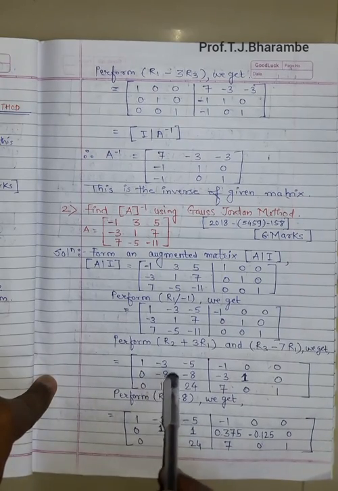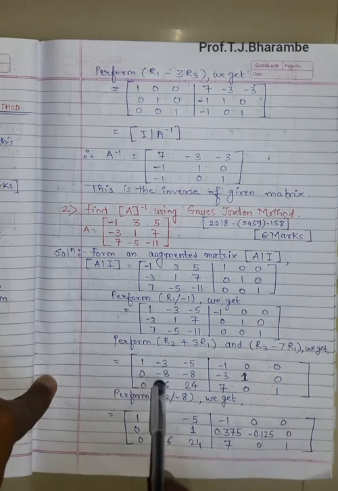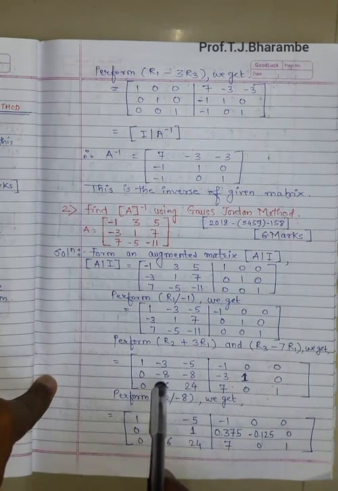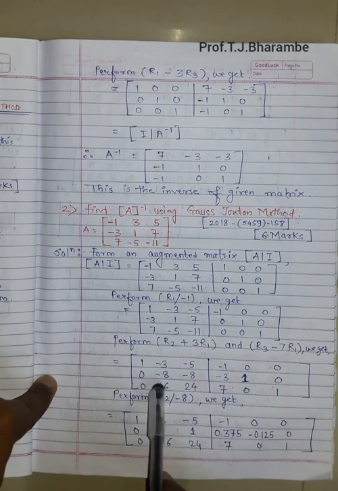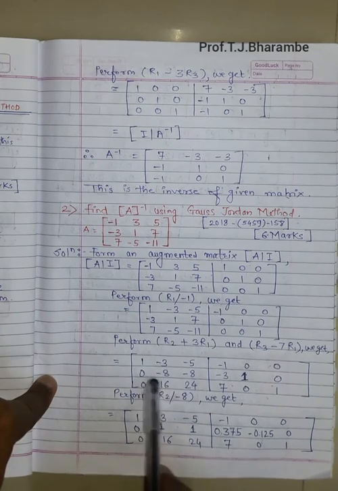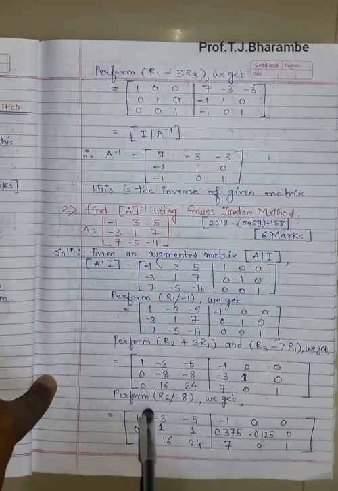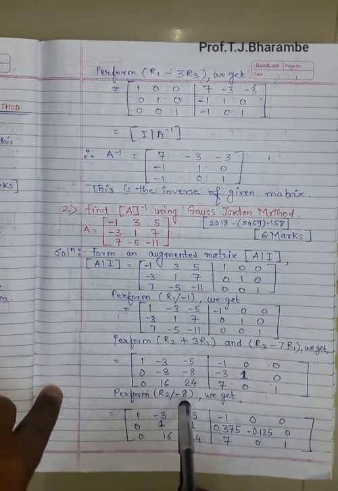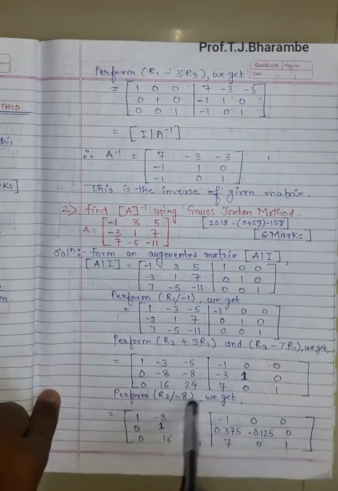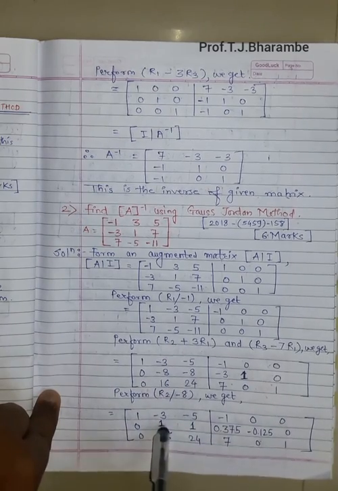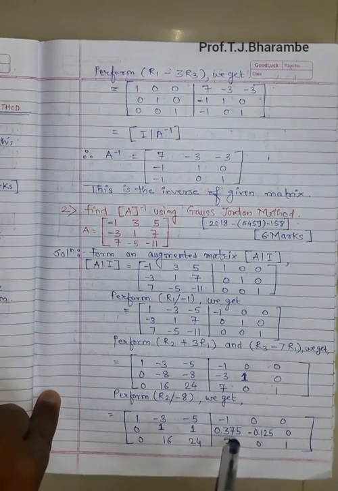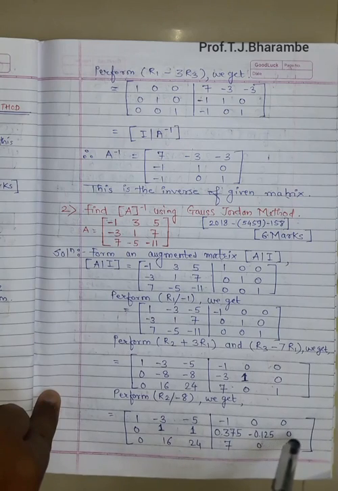Now next step is, this is my second diagonal element, this is -8 here, but in order to make it an identity matrix, we need to make it 1. So in order to make this -8 as 1, we will perform R2 upon -8. After performing this, we will get 0 1 1, 0.375 -0.125 and 0.